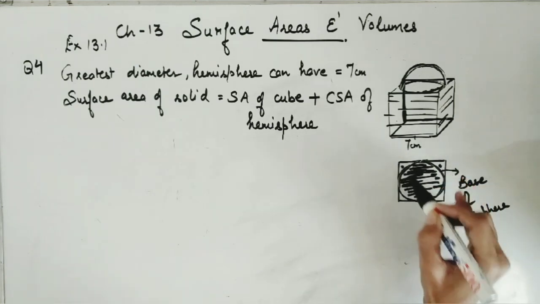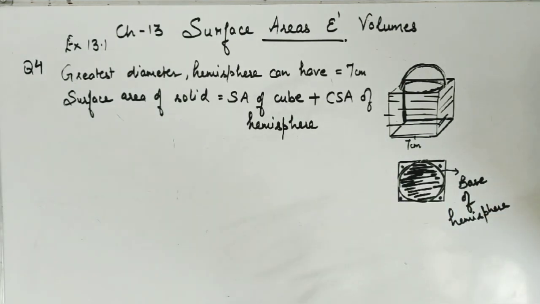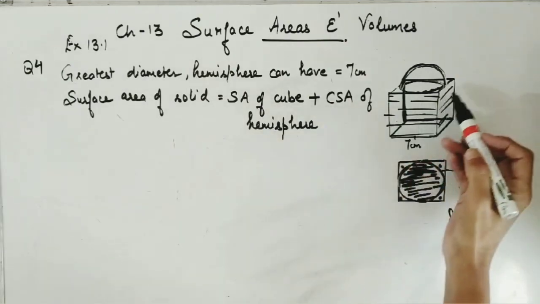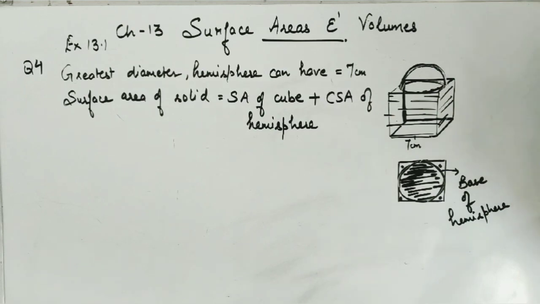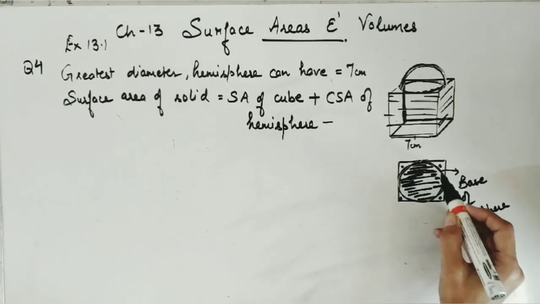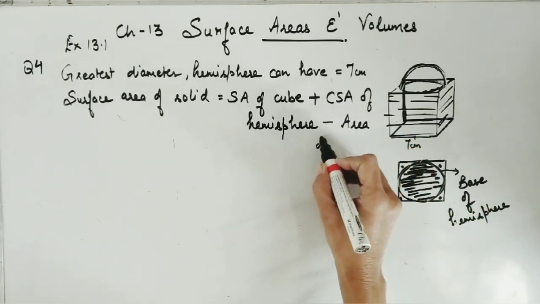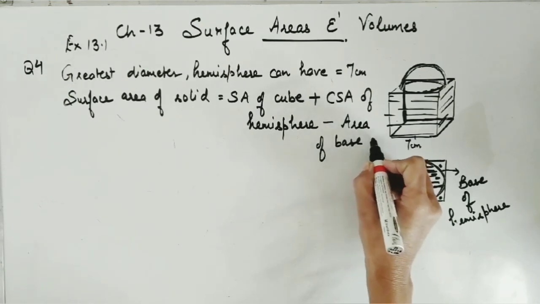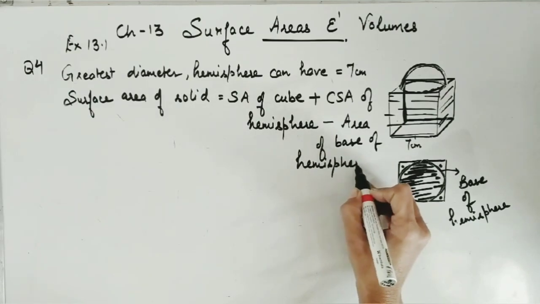So these ends remain out, from the four corners these ends remain out. So in totality, the surface area of the cube will be taken into account, the curved surface area of the hemisphere is taken into account, but something has to be subtracted, and that something is the area of the base of the hemisphere. I'm sure this much is clear to everyone.